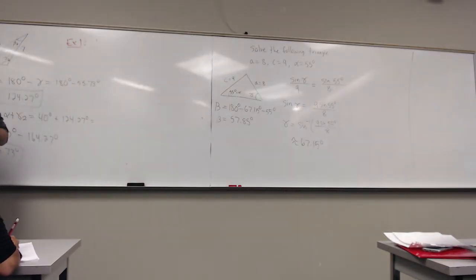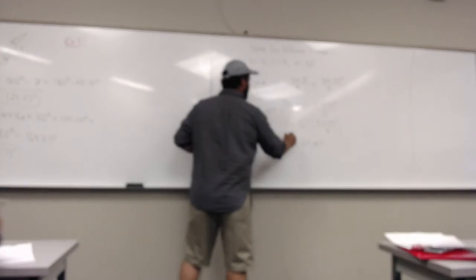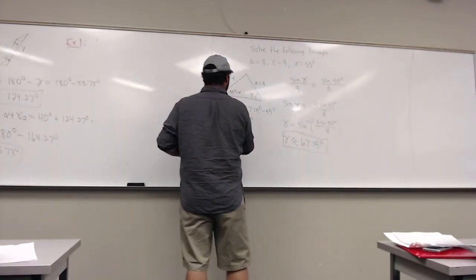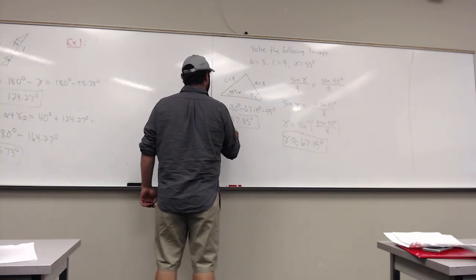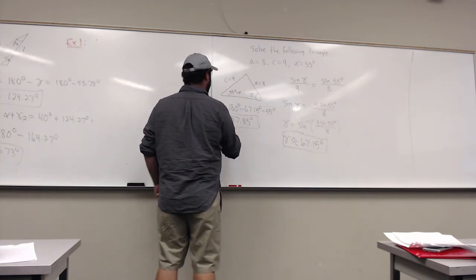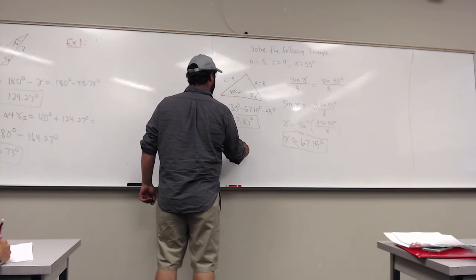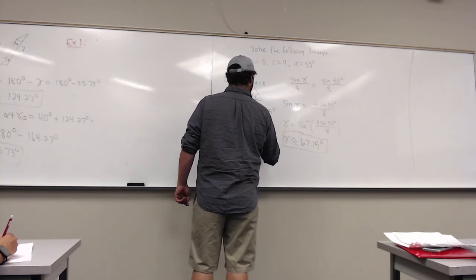And then you have to use what again to find the other side? Okay, law of sines one more time. So we know gamma, beta, and then now I'm going to do it the other way because it makes it easier actually. B over sine of beta equals A over sine alpha.